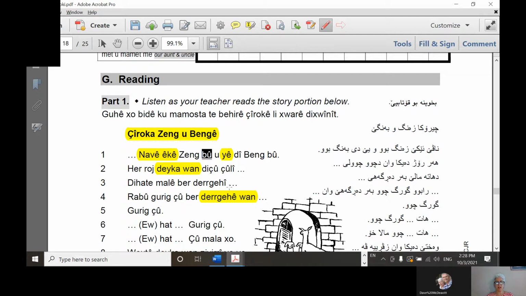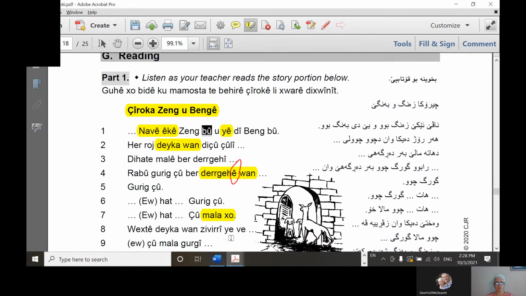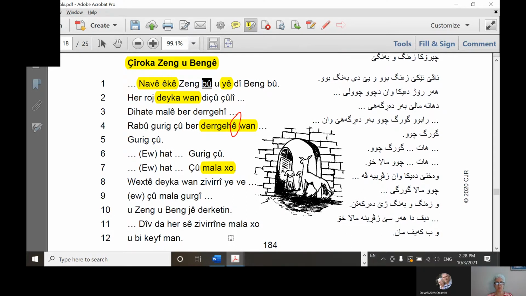So dadgeh, meaning door or gate, is masculine, so it has the masculine izafe ending. And then you have malahu.